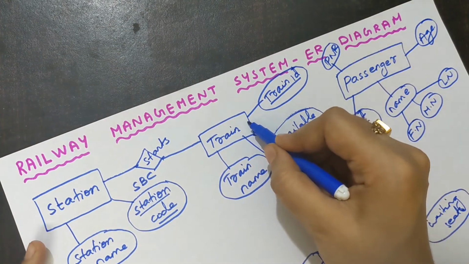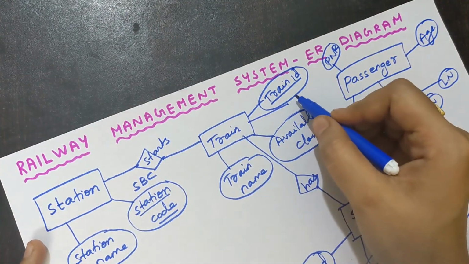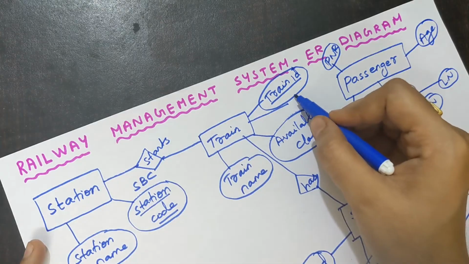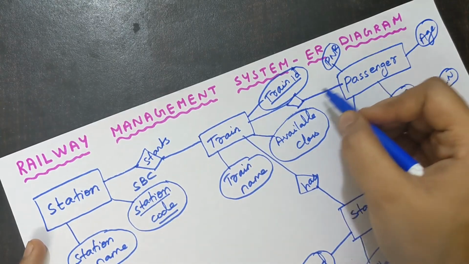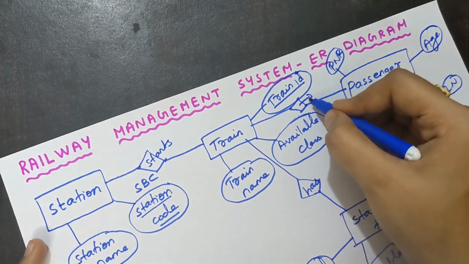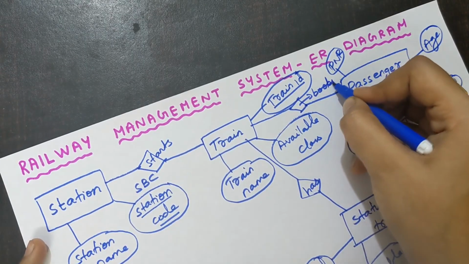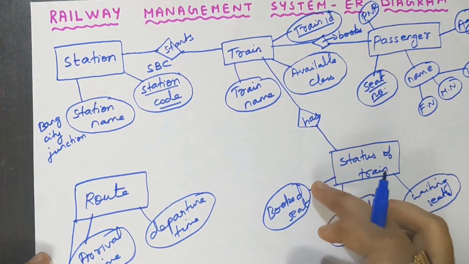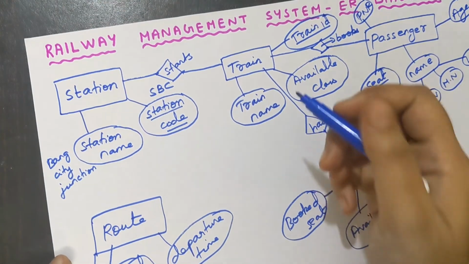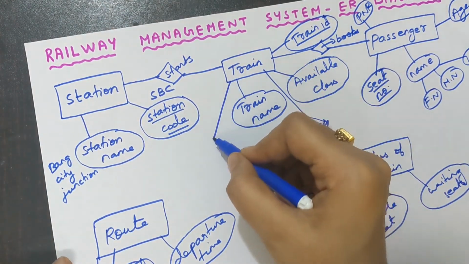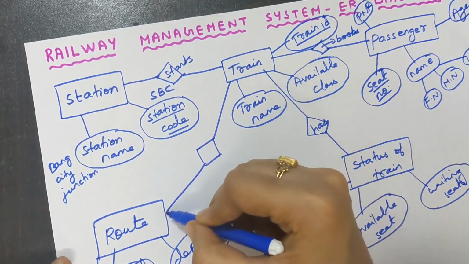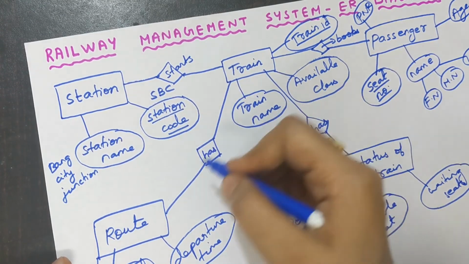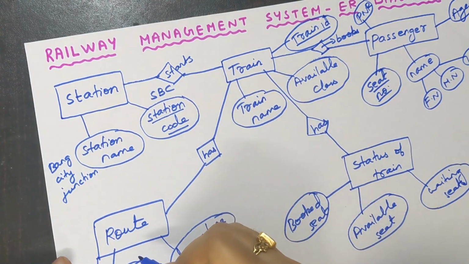Next, train to passenger, I will draw like this, and inside this diamond box, I will write books. So passenger books the train ticket. Next, from train to route, I will draw like this and write has. Train has a route.